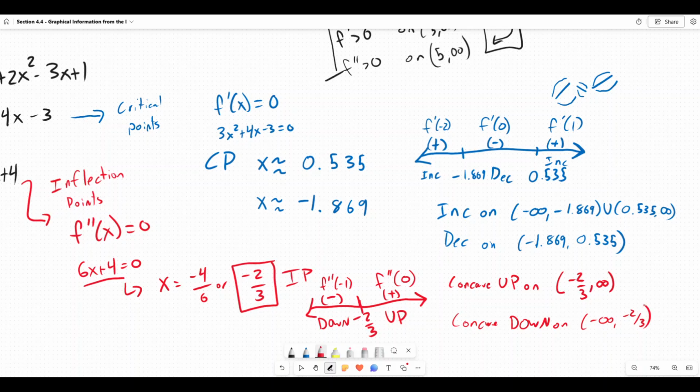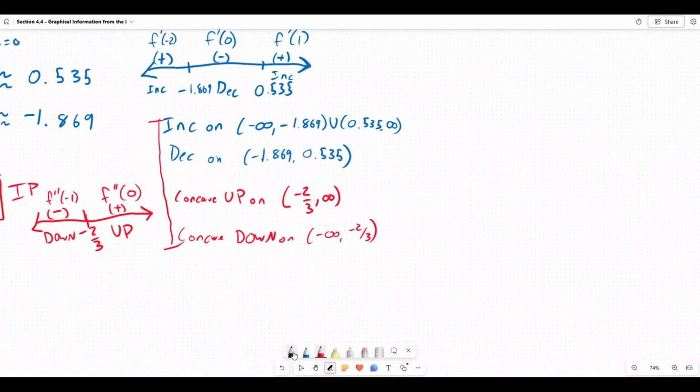Okay, with all of this information, I'm ready to make my sketch. Now I'm ready to graph what I think f of x is going to be. We're going to put all of the points together. The first one is going to be negative 1.869. Then we're going to hit negative 2/3.